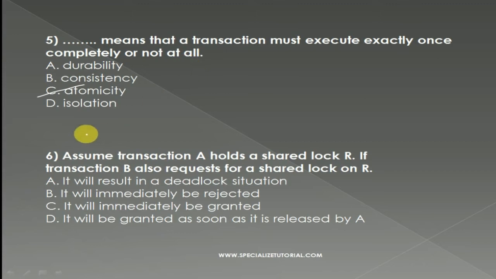Now take question number 6. Assume transaction A holds the shared lock on R. If transaction B also requests a shared lock on R, it will result in a deadlock situation, it will immediately be rejected, it will immediately be granted, or it will be granted as soon as it is released by A. So C, it will be immediately granted. Now take the next question.